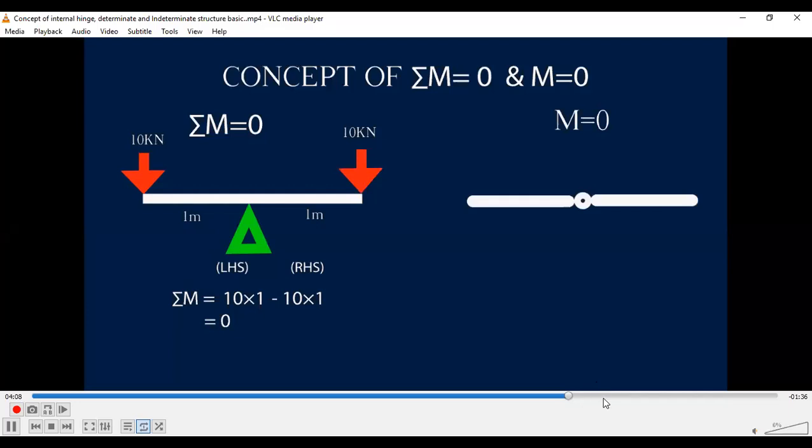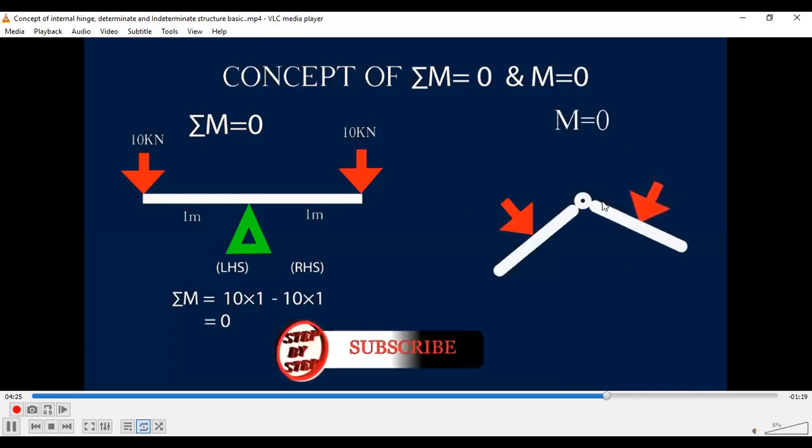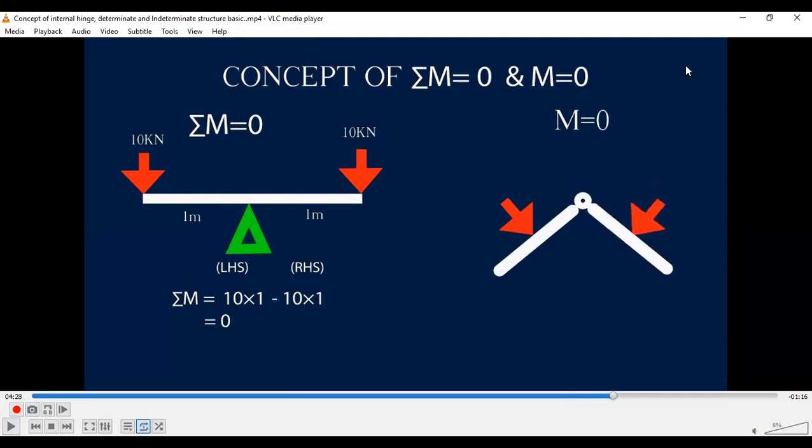Just remember this one. They are acting not continuous, so they can move relatively, okay? It's a hinge, right? So if a load is applied, you can just take it as simply supported, two spans, right?